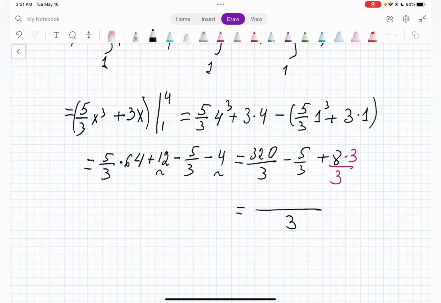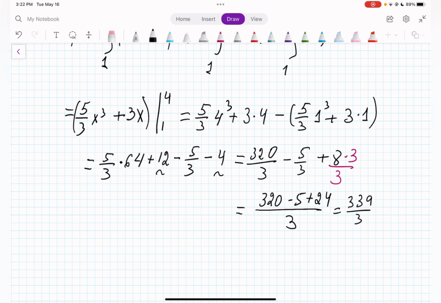We keep it, obviously. 320 minus 5 and plus 24. Okay? So, and we are getting 315. 320 minus 5 is 315. And plus 24. And we are getting 339 over 3. I have good news for you. We can simplify, reduce by 3, because 339, how can you find out if you can divide or not?